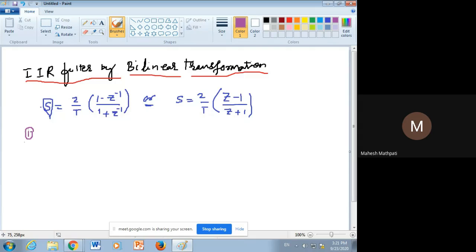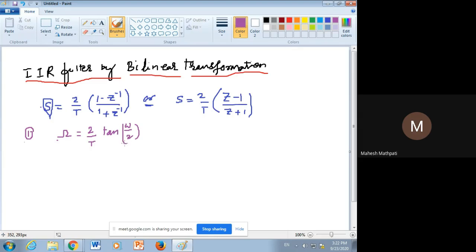So step 1 is from the given specification, find analog frequency using formula omega is equals to 2 by T tan omega by 2.